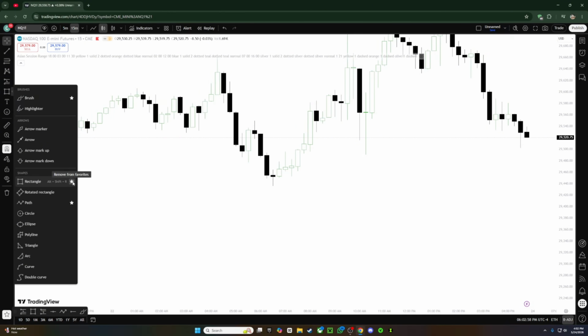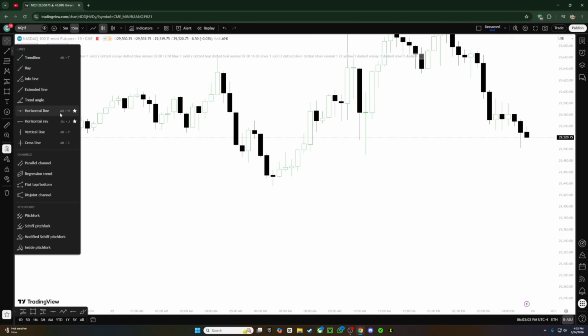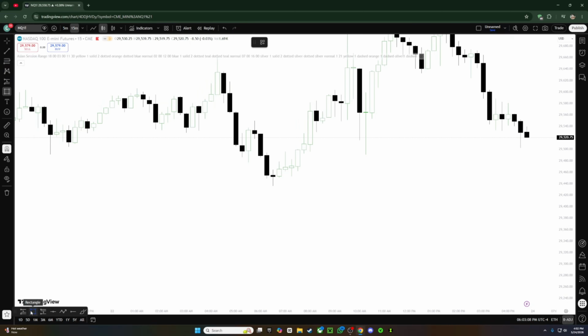I recommend favoriting this one and these two lines, horizontal line, horizontal ray. Once you put them in your favorites, they'll be right here. So you grab your box, you can feel the magnet pushing.